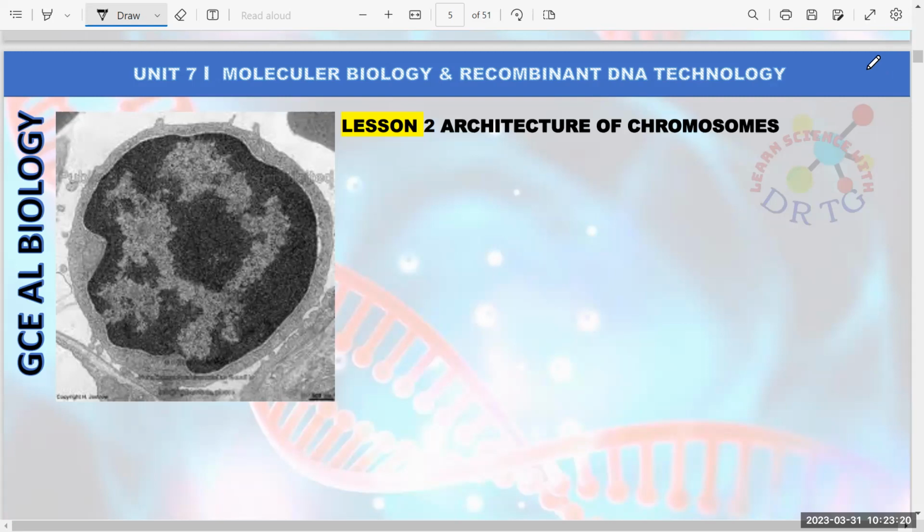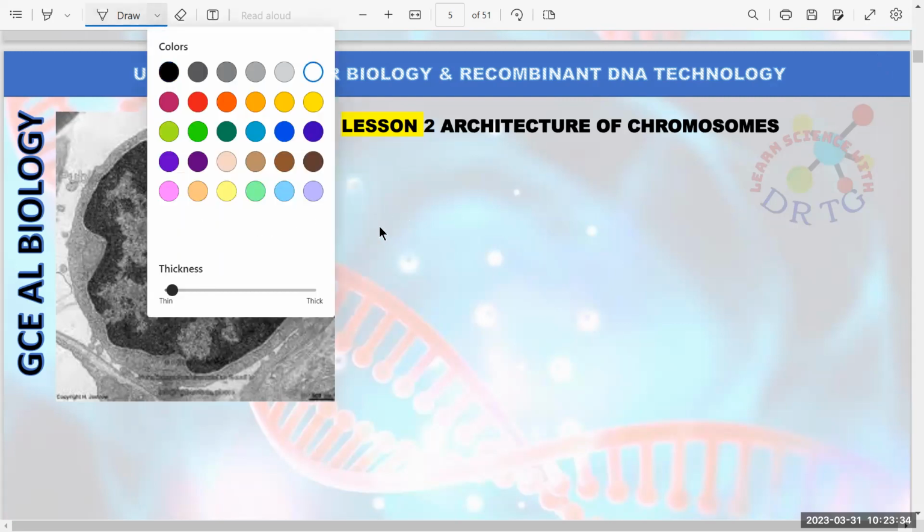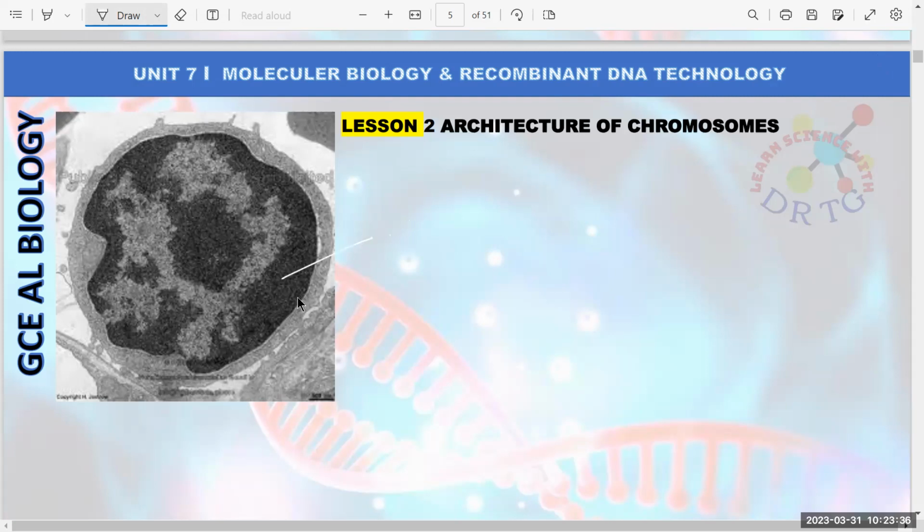Right. When we look at the nucleus under an electron microscope, you can see this kind of picture. Why do you see two colors? How do you explain these two colors, dark and light areas?